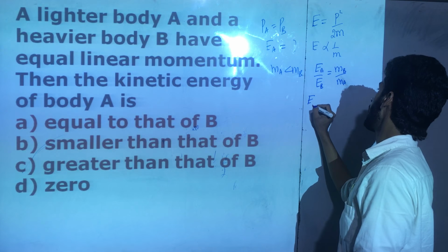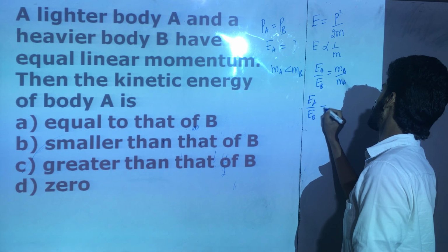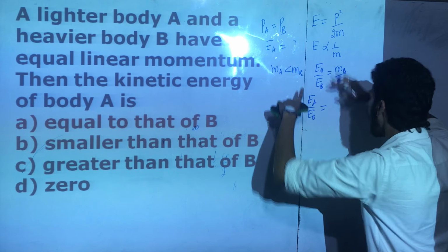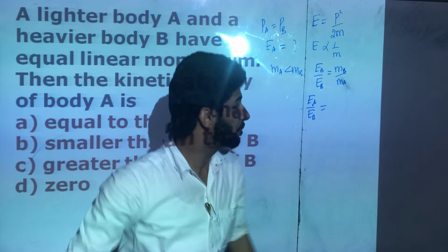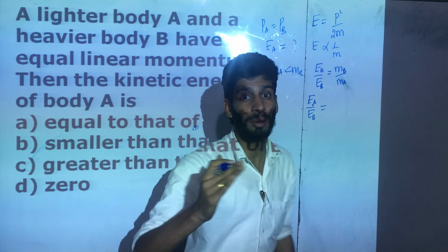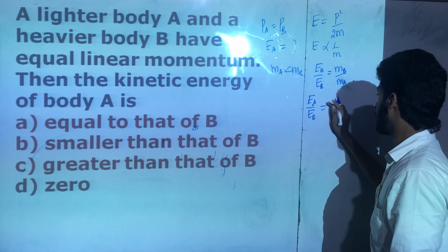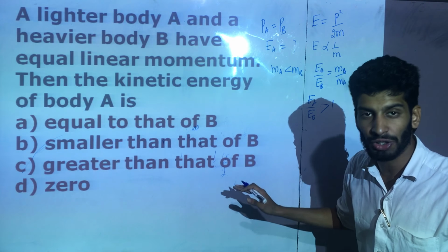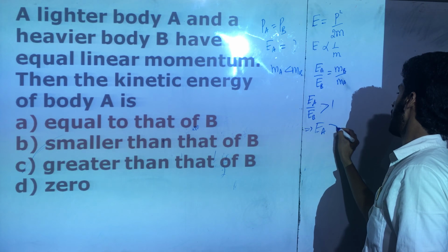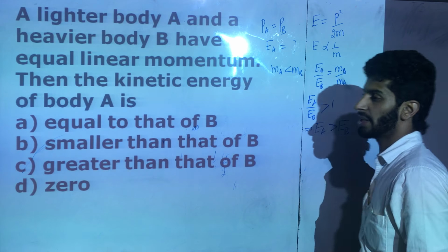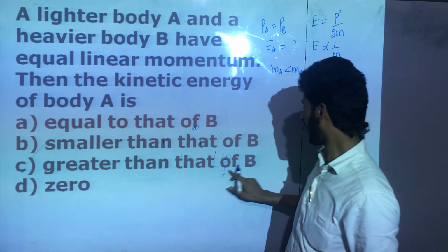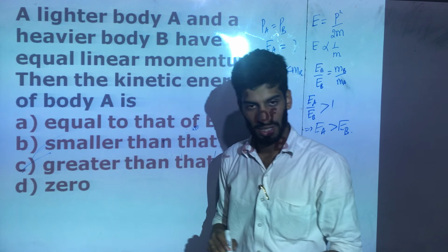Since mass of B is greater than mass of A, for all values of mass of A and B this ratio will be greater than 1, because this is more than this. So it should be greater than 1 for all values of masses of A and B. That implies EA is greater than EB. That is, the kinetic energy of body A is greater than the kinetic energy of body B.